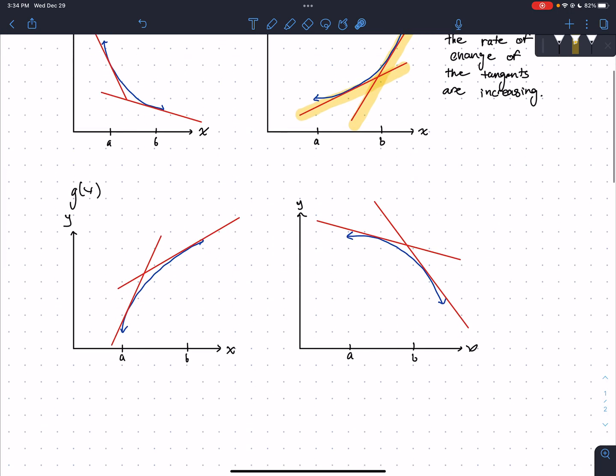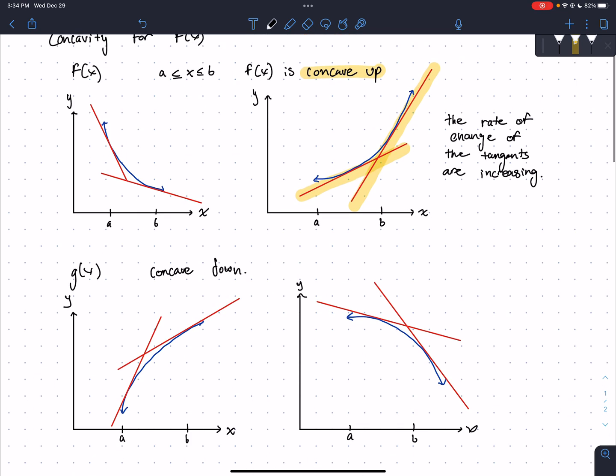Perfect. So now that we've gone through concave down, we also know that if your double derivative is 0, then essentially you also got to see what does that mean?